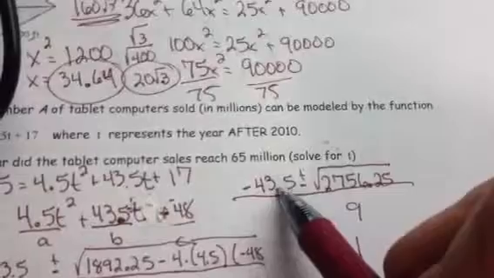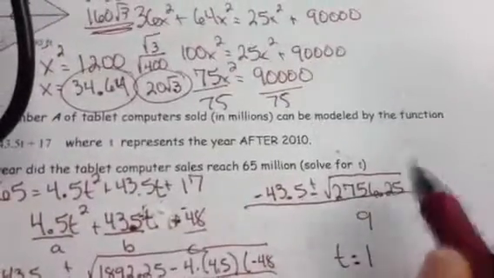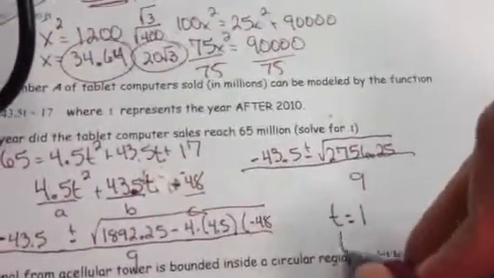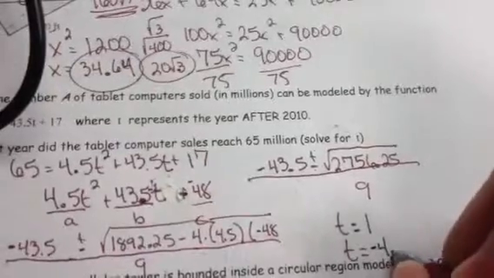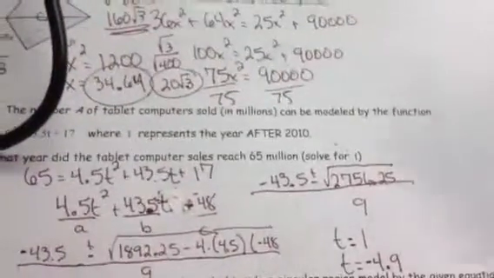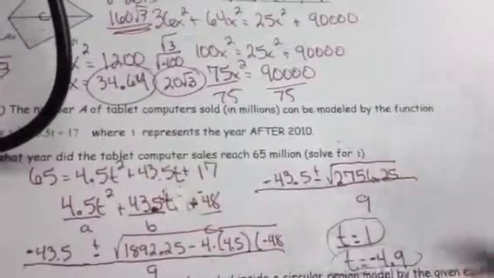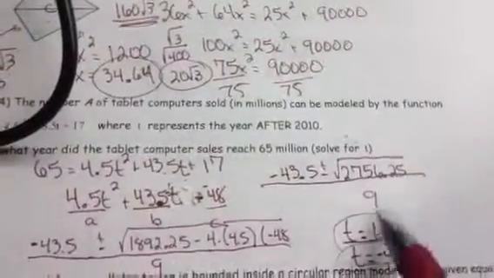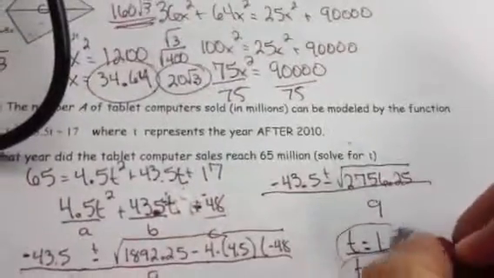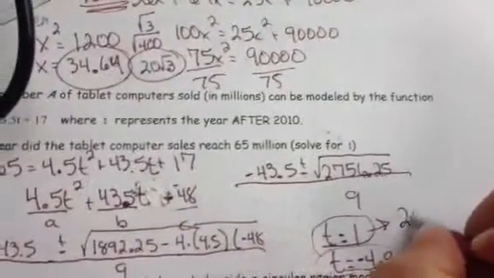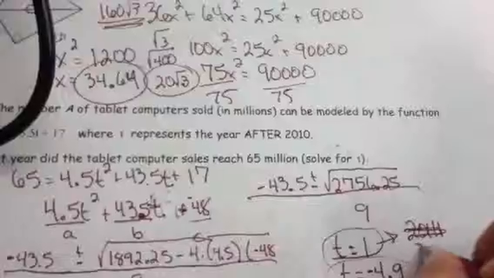And then I'm going to take negative 43.5 minus the square root, hit enter, divide by 9, and I get this number. And I only want the years after 2010, so this is positive, so that's after. This is negative, so this is before. So that's the only thing I need is the 1. So the year would be 1 year later, which would be the year 2011. Whoops, too many ones.